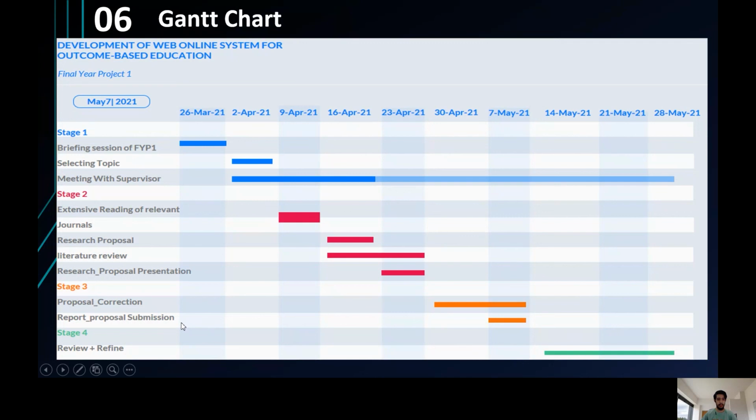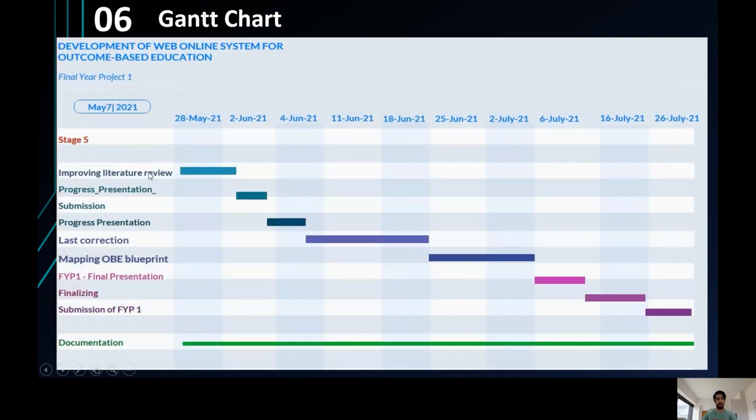And I will also be enhancing the literature review. I have improved it up to 20 papers, including 2 books, and I will continue to improve it until I reach 30 papers.